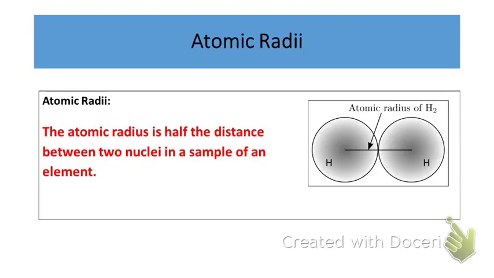an element. So for instance, we have a diagram here, and we have two atoms that are hydrogen. And in the center of these atoms is, of course, the nucleus. We can't really measure the distance from the nucleus to the outer electron shell directly.